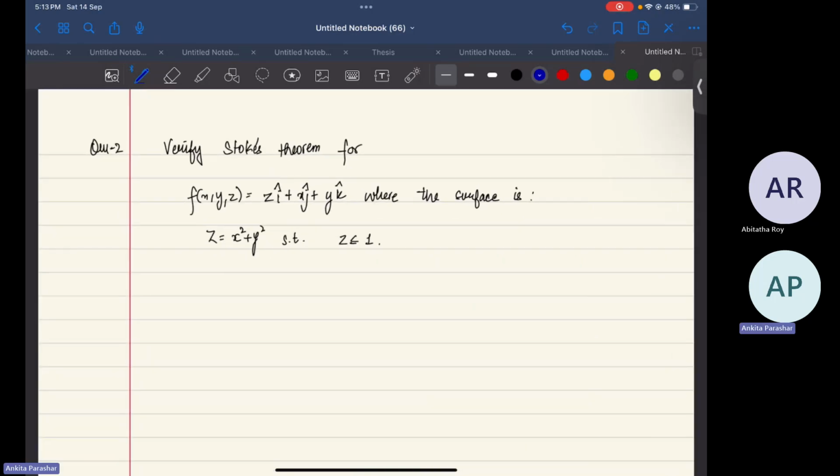Okay, now here is another question. We want to verify the Stokes theorem for this vector field with the surface z = x² + y² such that z is less than or equal to 1. What kind of surface is that? Can you see that?